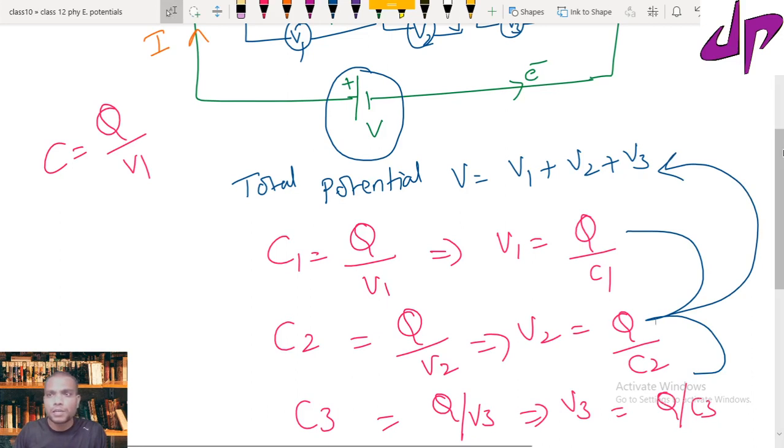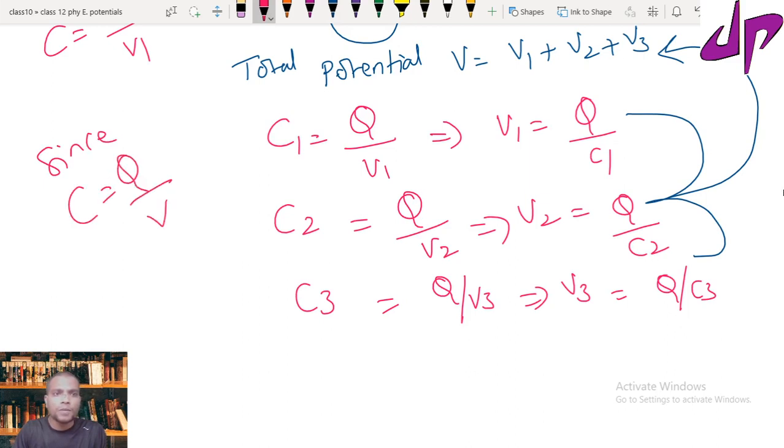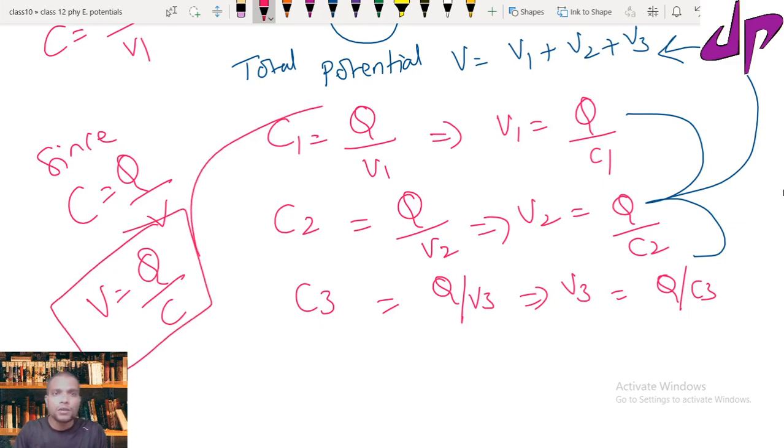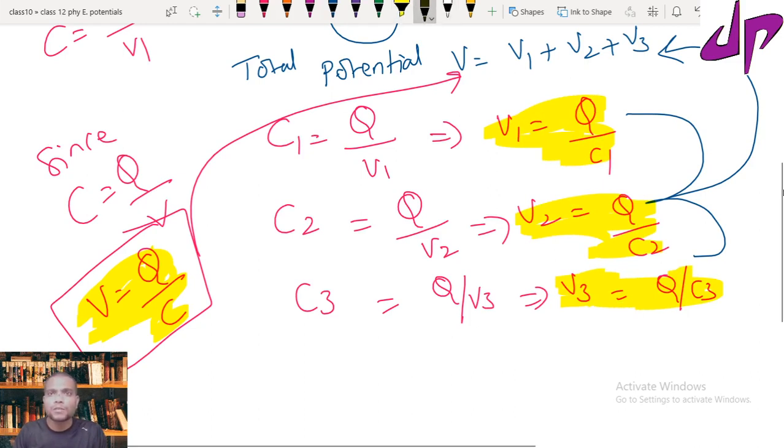For the total potential difference V, since C equals Q upon V, therefore V equals Q by C. So in the place of V we substitute this value, and in the place of V1, V2 and V3 we substitute these three values in the above expressions. Let me take that expression as A.